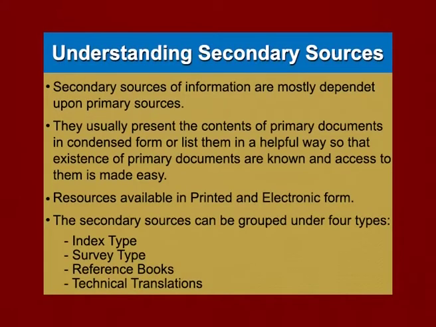Sources are of different nature and these sources are available both in printed and electronic form. Now when we categorize secondary sources, they are of index type, survey type, reference type and technical translation.